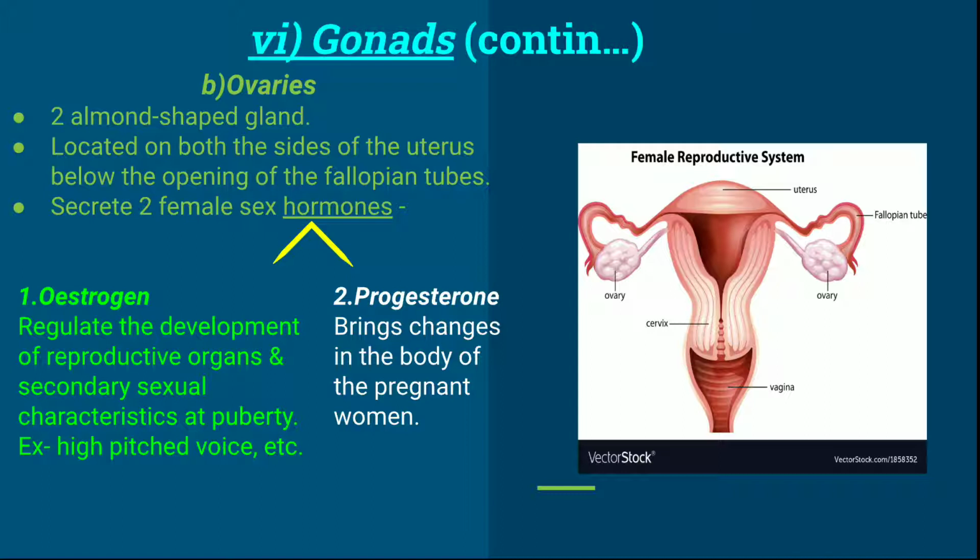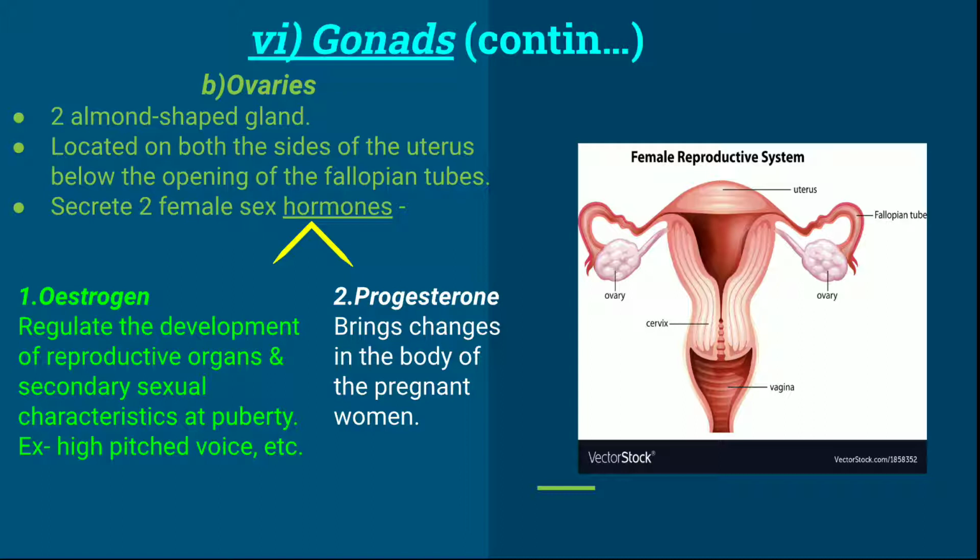Here also, the secondary sexual characteristics in females are, for example, a high-pitched voice, the enlargement of the breast, the onset of the menstrual cycle, like this. So these are the secondary sexual characters which are developed, and also the reproductive organs are developed due to the secretion of estrogen at the age of puberty.